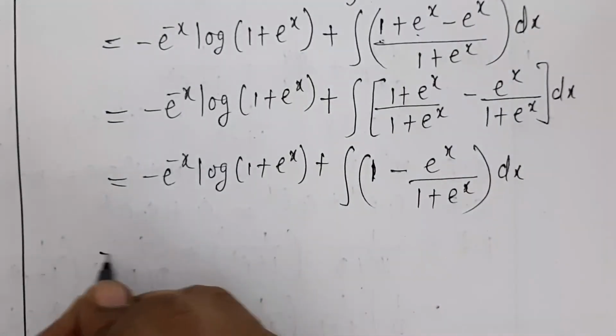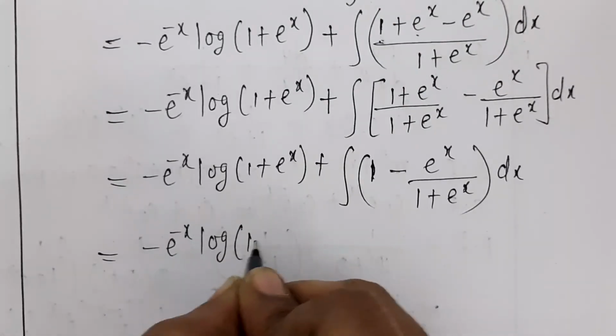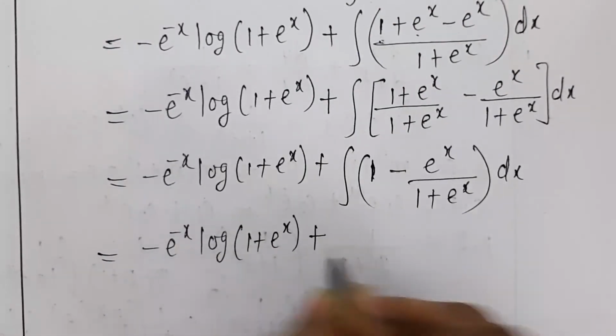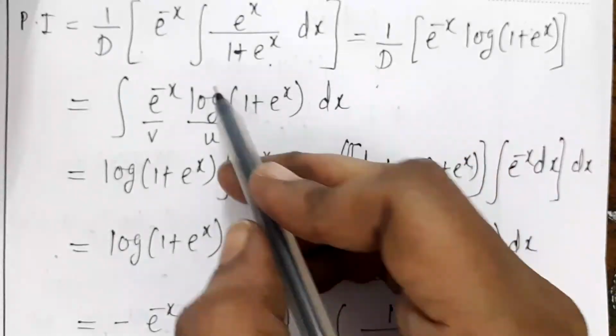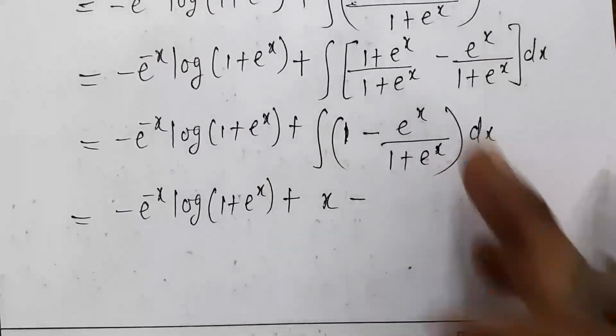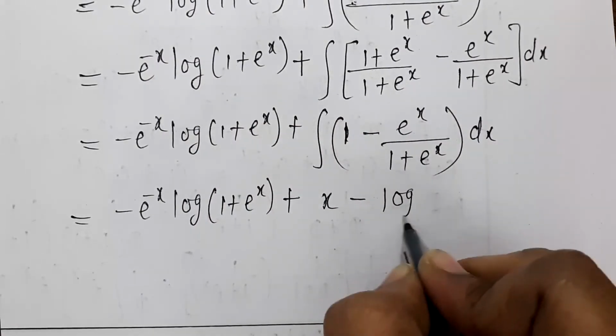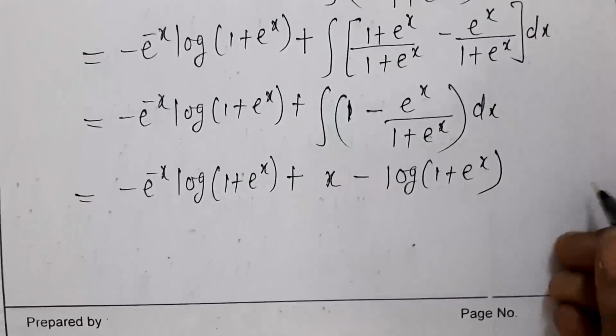Which is equal to minus e to the power minus x log of 1 plus e to the power x plus, what is integration of 1 dx? It is x. Minus, what is integration of e to the power x upon 1 plus e to the power x? It is log of 1 plus e to the power x, because the denominator derivative is present in the numerator. So the whole integration gets simplified.